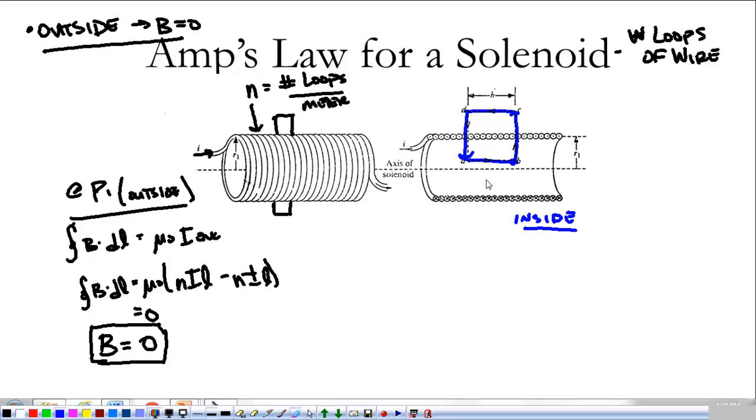Now, we need to look at the direction of the magnetic field in this area. If I have current going into the page on the bottom, the magnetic field is going to point to the right from them, and if it's coming out of the page on the top, it's also going to point to the right. So it's good to know that the magnetic field is in this direction. We'll see about constant or not.